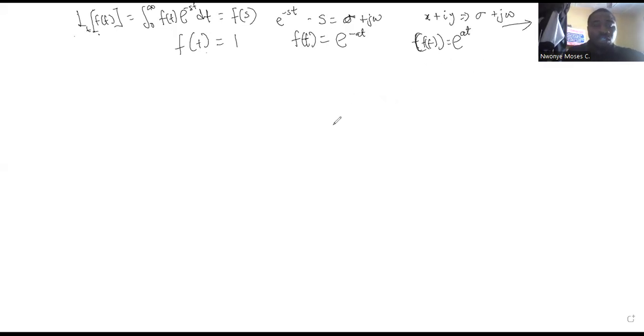We have done this. So what we are going to be doing today, let me do this quickly. We're going to substitute this function into our Laplace formula over here and solve. So we have the integral from 0 to infinity. What am I trying to transform? f of t is 1, so the integrand is 1 times exponential minus st dt.